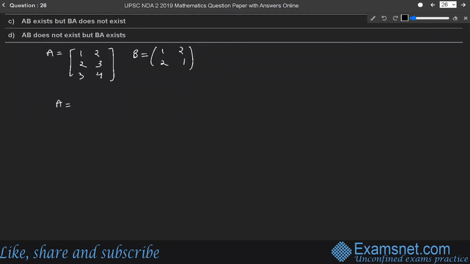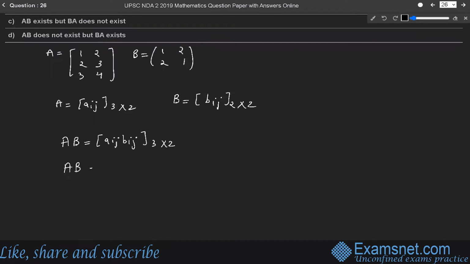So A will be equal to Aij, which is 3 cross 2, and B will be equal to Bij, which is 2 cross 2. We can see that A is a 3 cross 2 matrix and B is a 2 cross 2 matrix. Therefore, AB will be Aij into Bij, 3 cross 2. Therefore, we can say that AB exists.